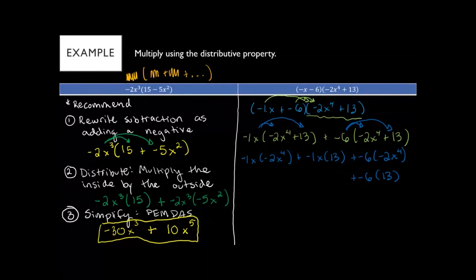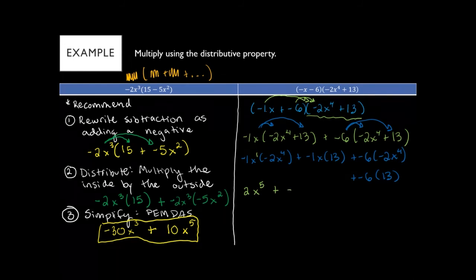So once you've divvied it up, so you've got one thing times one thing, then you can start the simplify process where you start actually multiplying these. So we have a negative 1x times negative 2x to the fourth. Negative 1 times negative 2 is a positive 2. X has an exponent of 1, so when you add those exponents, you get x to the fifth. Sometimes it helps to actually write that exponent there. Then negative 1x times 13.